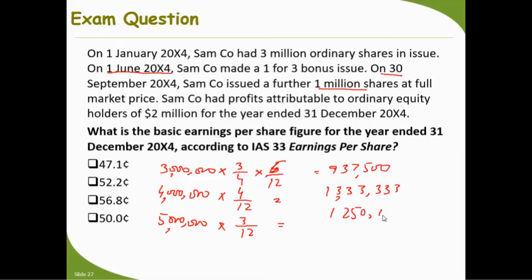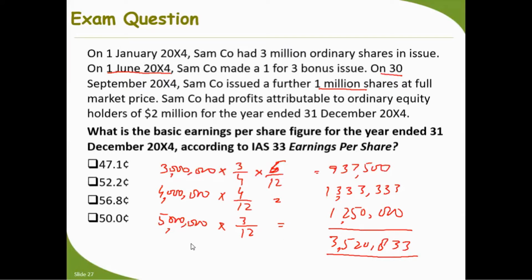1.25 million. Now we will make the total: 1.25 million plus 1,333,333 plus 937,500 in total is 3,520,833.